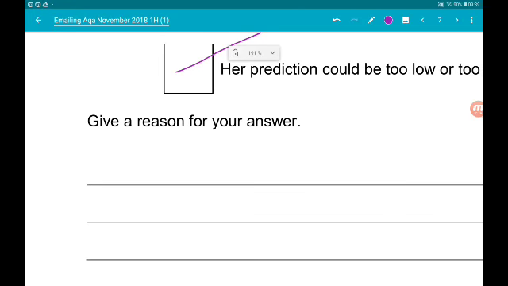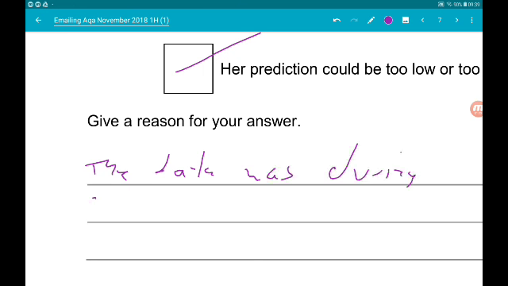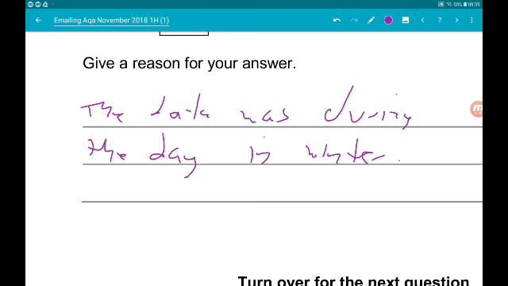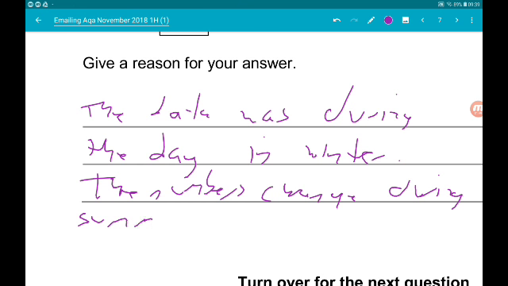So when it says give a reason, the data was during the day in winter, and the numbers change during summer and at night. Cool.